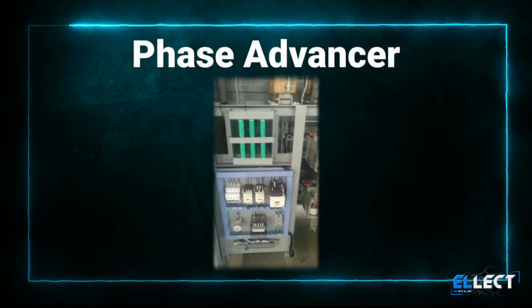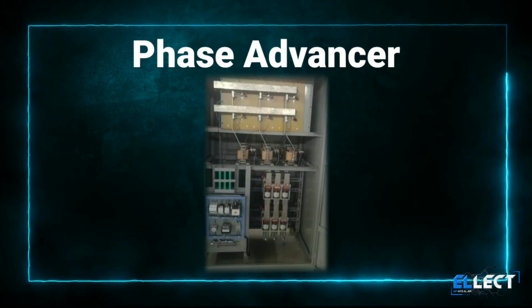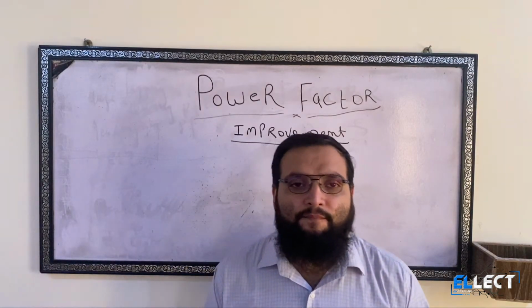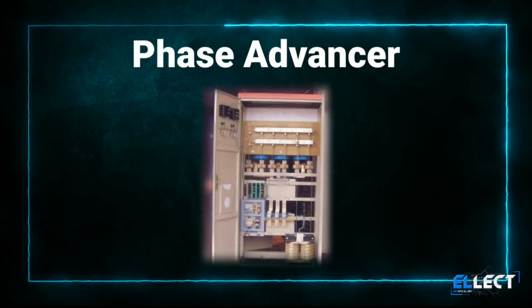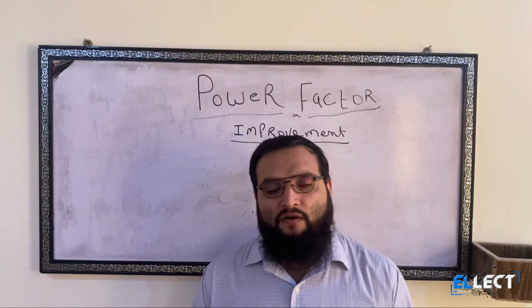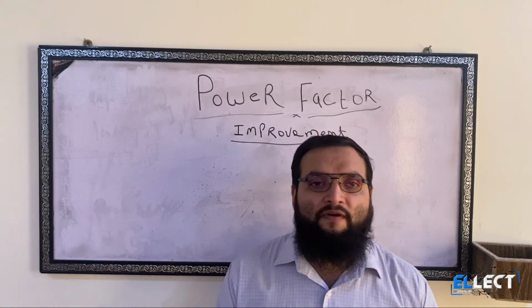We know that when the stator of the induction motor is connected across the three-phase supply, it draws the lagging component of the current, which is 90 degrees out of phase with the voltage, and that causes the power factor to be a very low value.